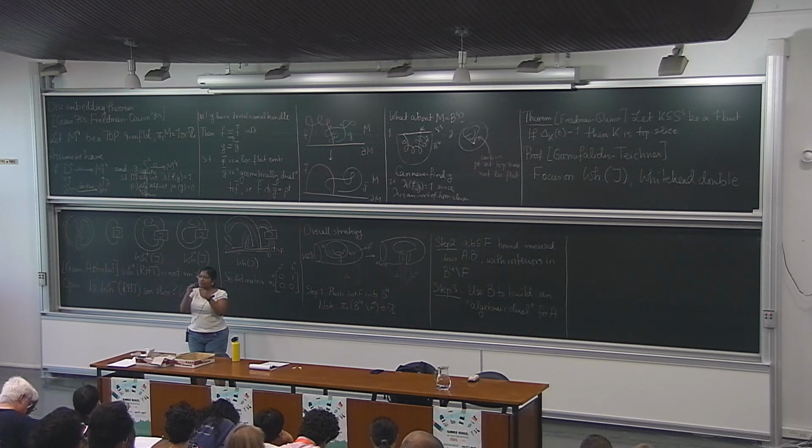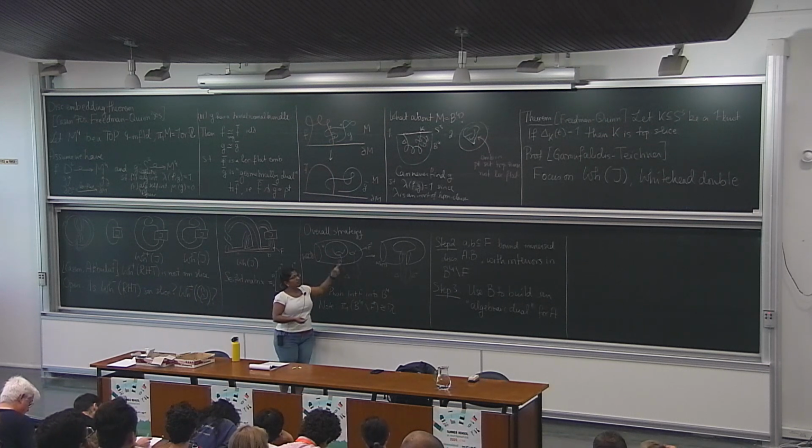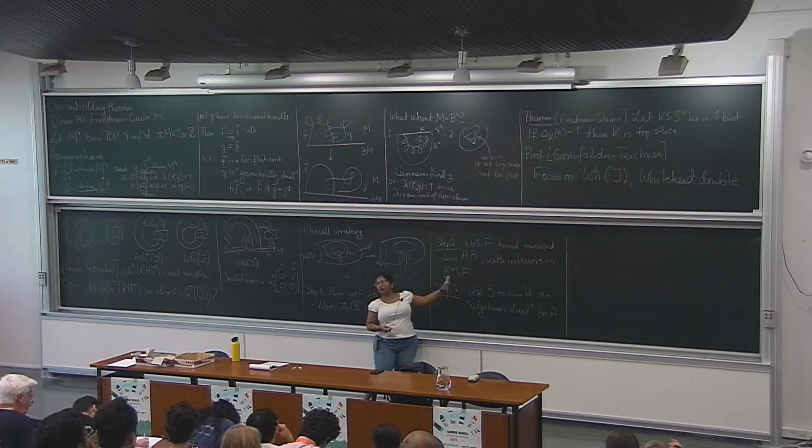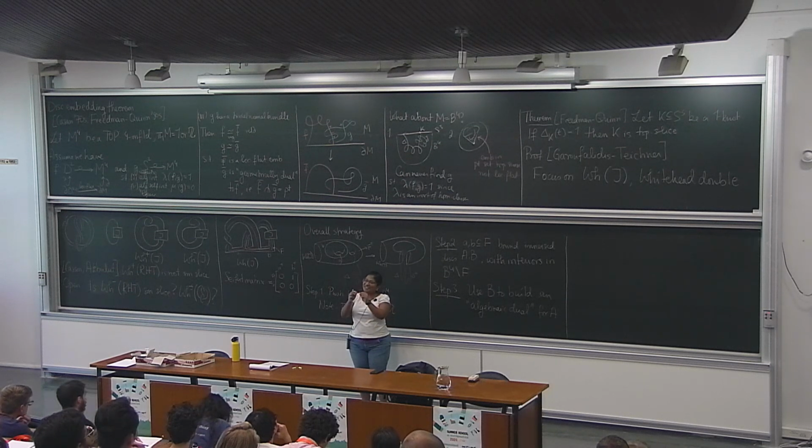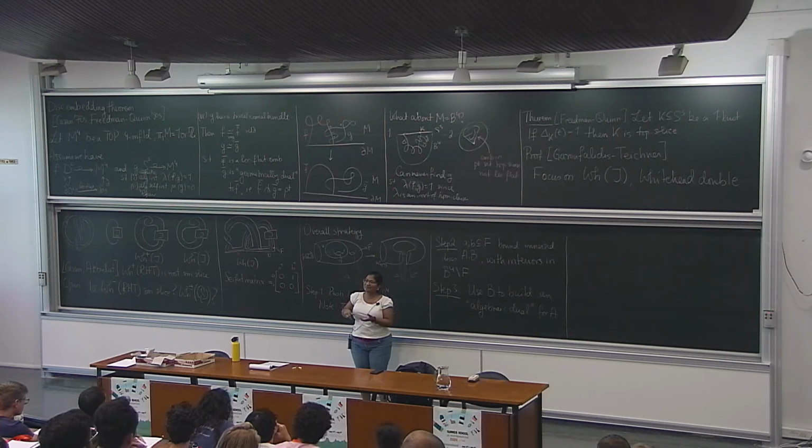So it has a tubular neighborhood, which is B cross D3. And there I can find a B cross S1 that kind of hugs my surface F. This is called the rim torus.